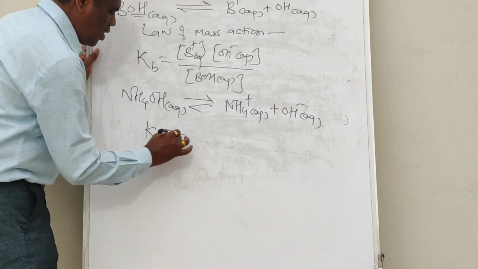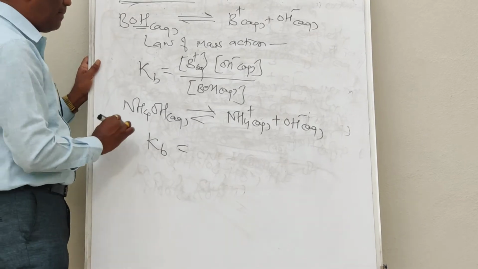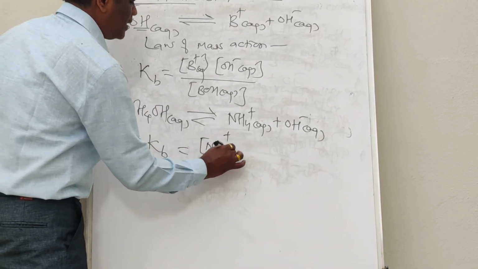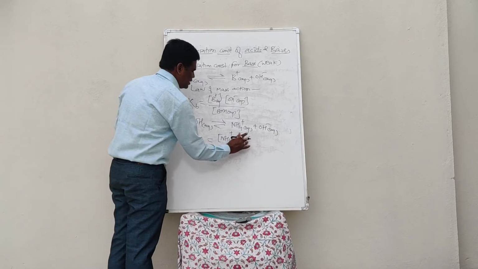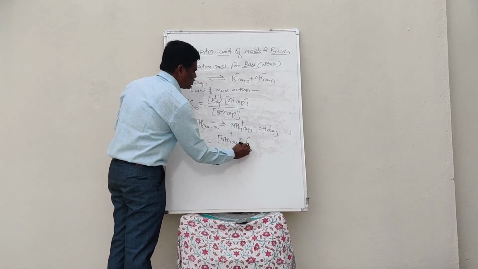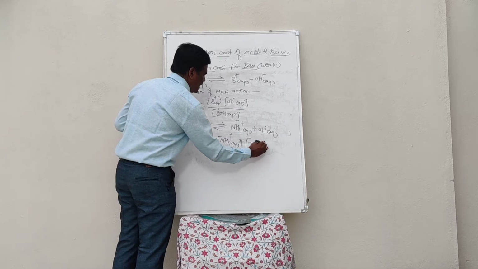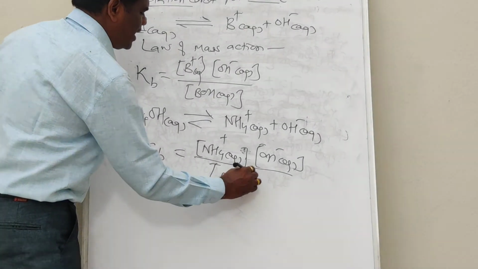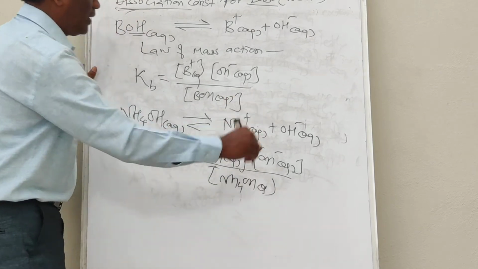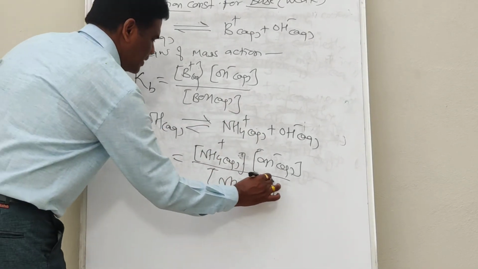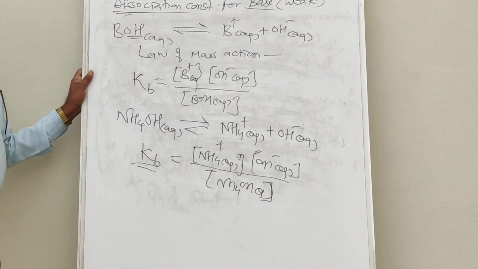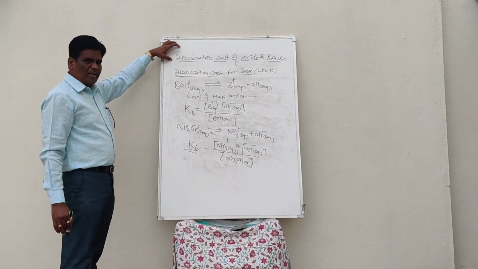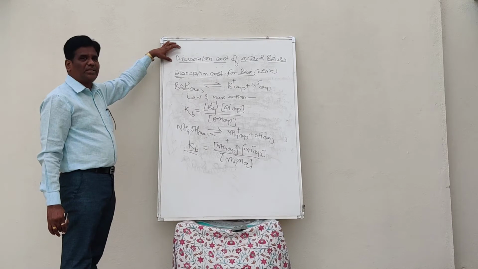So the dissociation constant for NH4OH, Kb, is equal to the concentration of NH4 plus ions times the concentration of OH minus ions in aqueous media divided by the concentration of NH4OH. In this way you have to remember the meaning of the dissociation constant of a weak base.